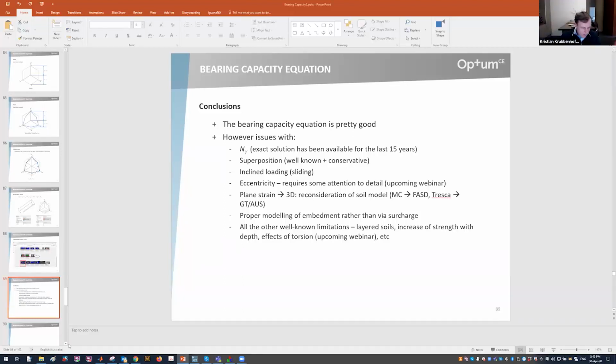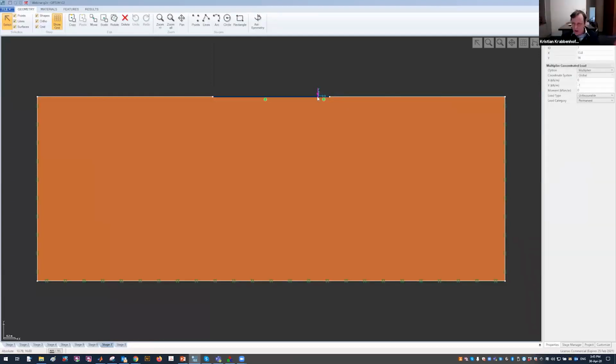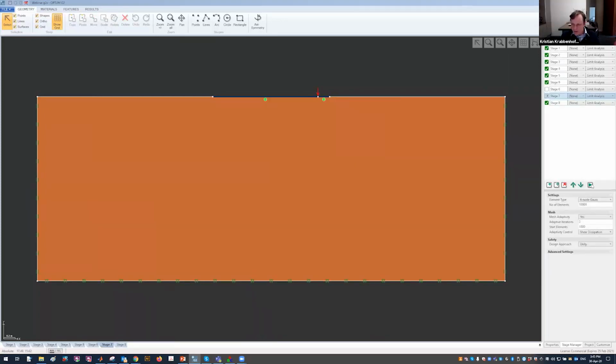Is my screen still shared? So if I was to switch to Optum and run one of these problems, say this one here, you can see my setting is limit analysis. And I have a load here. It's a so-called multiplier load, meaning that we would like to know by what number we should multiply this load, which has a value of 1, in order to have this foundation fail.